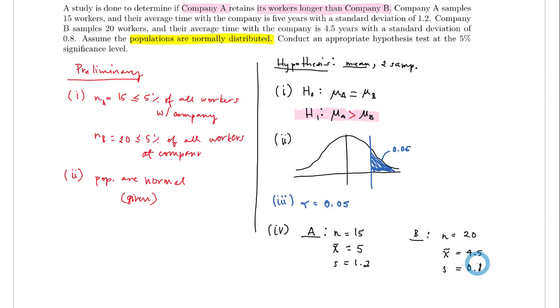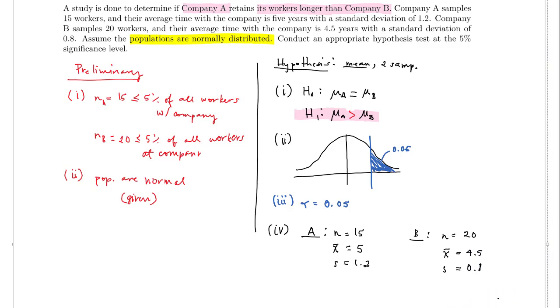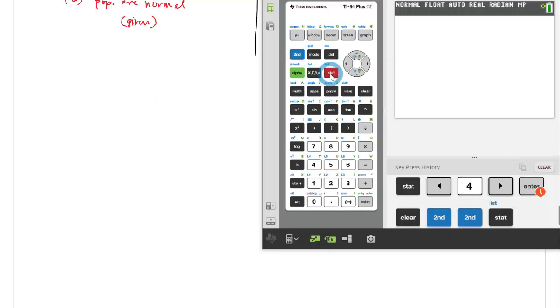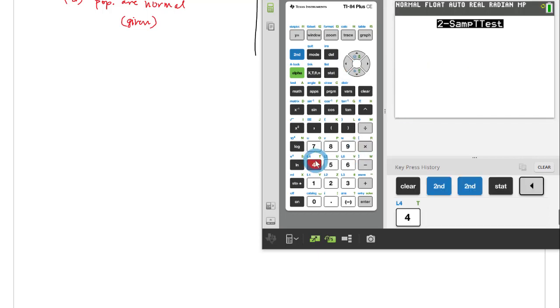So if we go into our calculator and enter this in, as we saw before, in a 2-SampTTest, we'll go to stat, go to tests, and then go down to number 4, the 2-SampTTest.